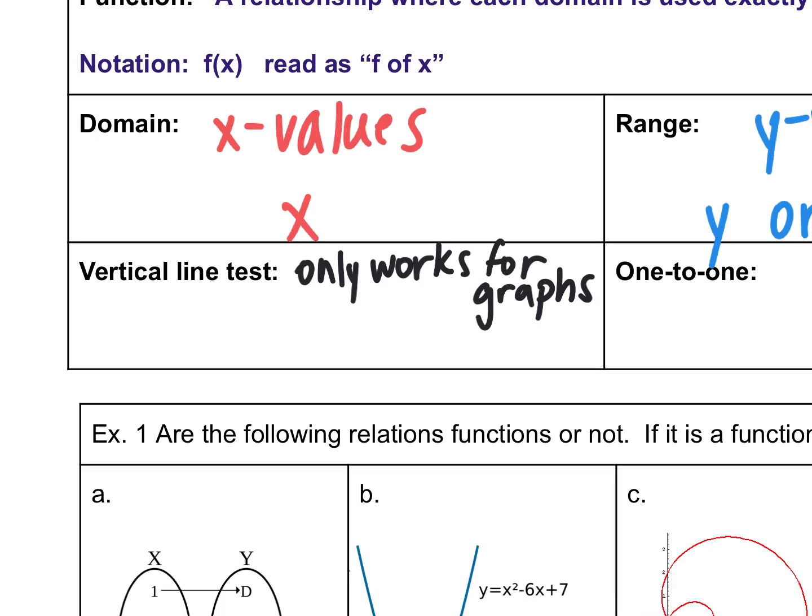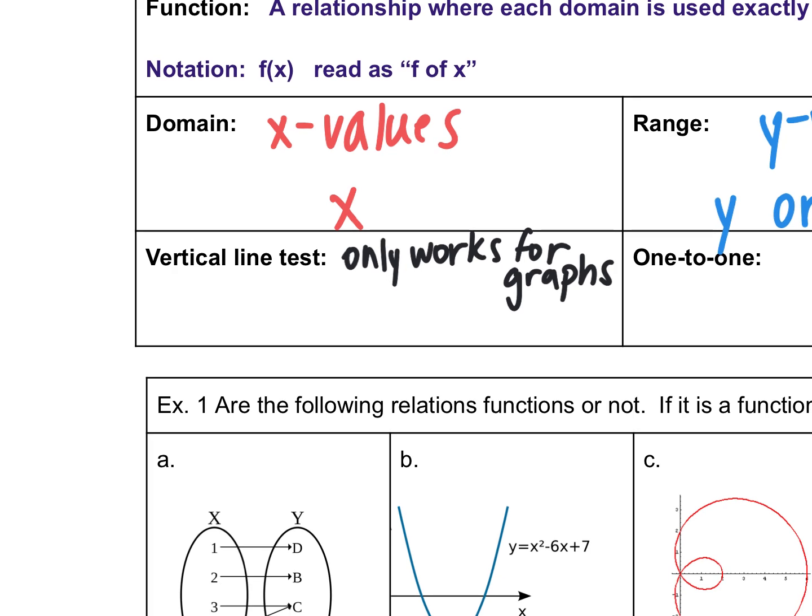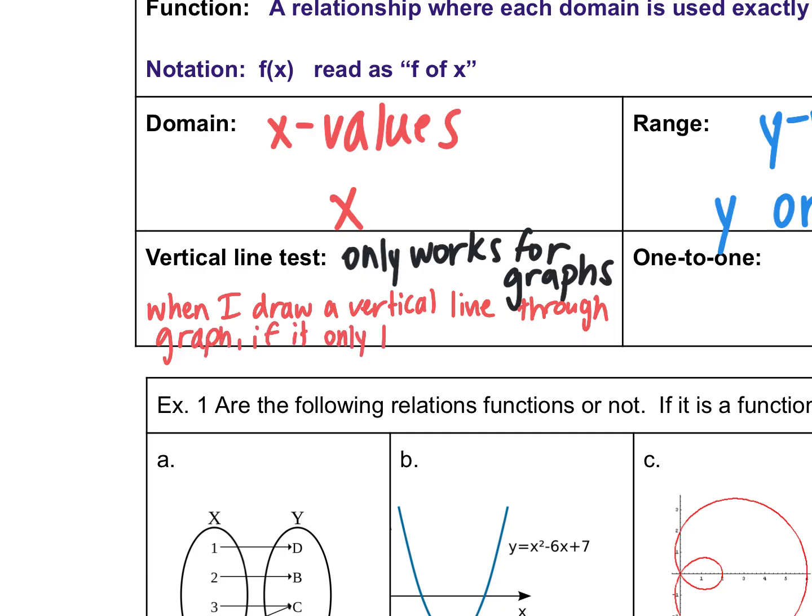I am going to write out a big long definition there just to say that I did, but if you understand that, you don't necessarily have to write this out. So it only works for graphs. When I draw a vertical line through the graph, if it only hits once everywhere, it is a function.